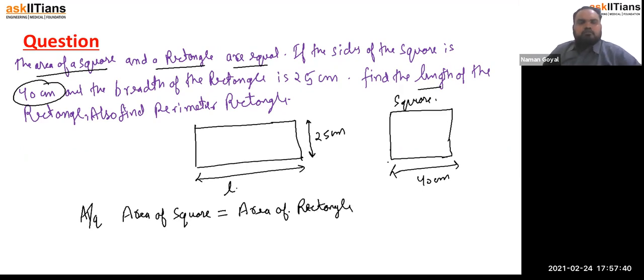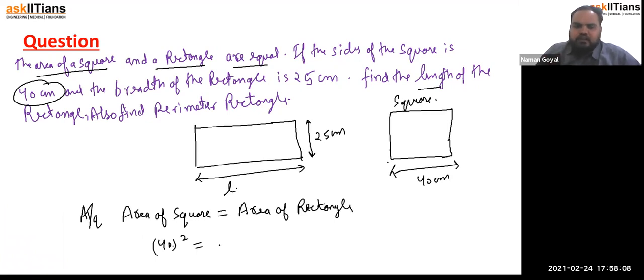So if area of square is equal to area of rectangle, what is the area of the square? 40 into 40, because it is 40 square, and the area of the rectangle is length into breadth.